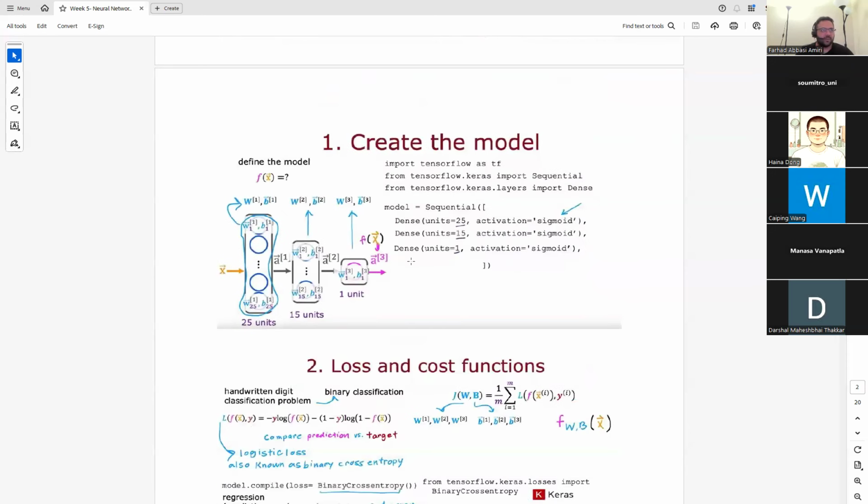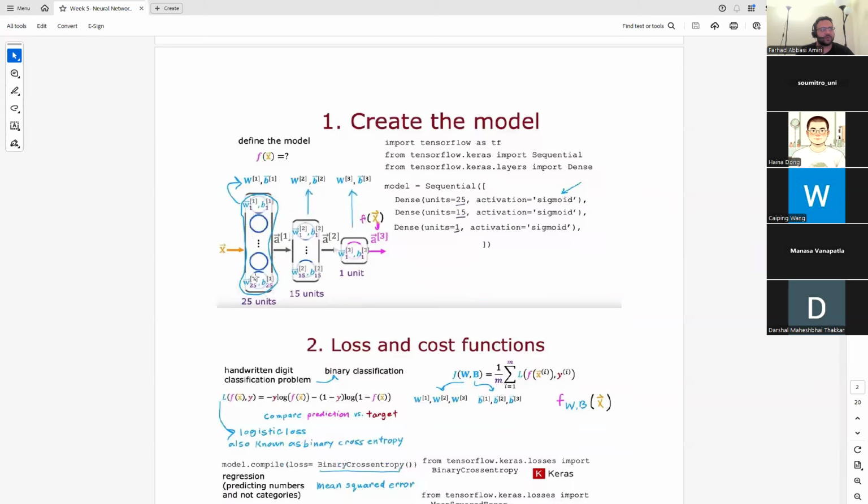And here in this part, we're going to create our model. So again, let's say that this is the structure of my neural network: the first hidden layer with 25 units, the second one with 15 units, and the output layer with 1 unit. And you remember that on each layer we have a number of nodes or units.